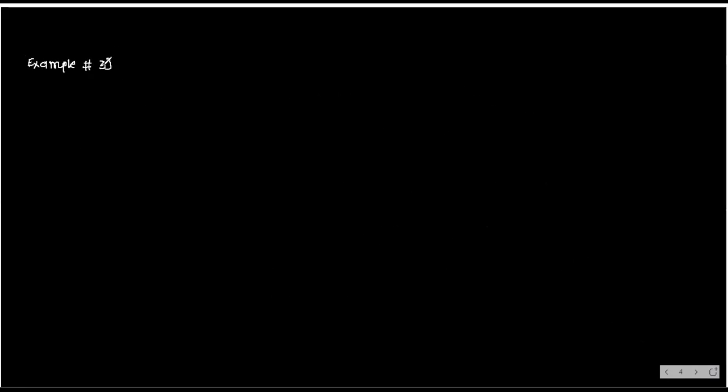Example number 3. So I'm taking kinetic energy. Kinetic energy is what? Half mv square. Now this half is just a constant, and we don't have any dimensions for any constant number.